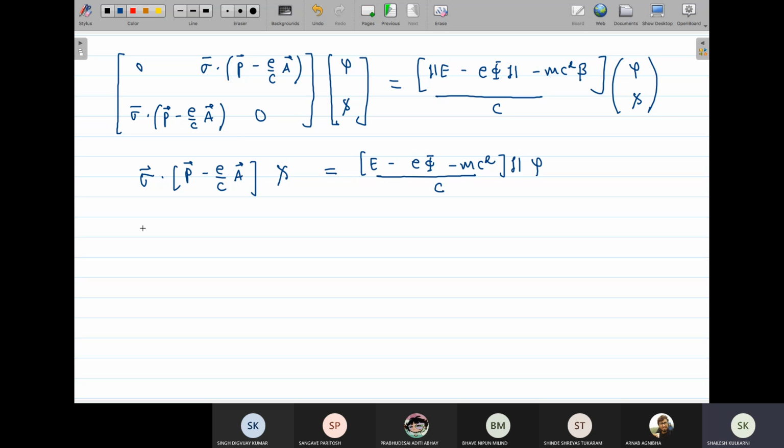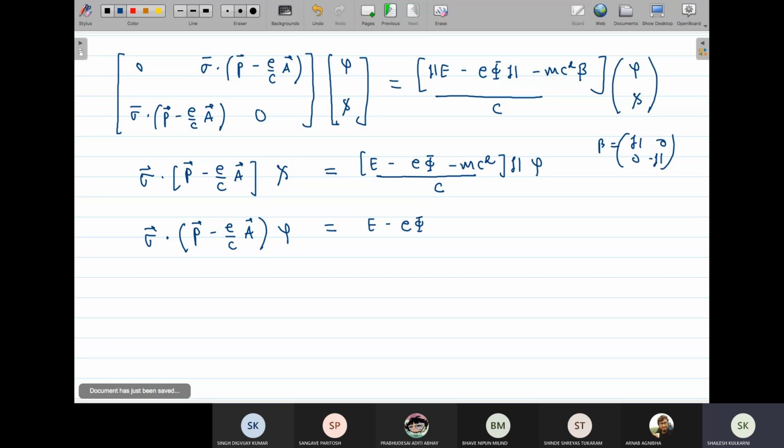And for the other component I will get sigma dot P minus e by c A phi equal to, now I will get a plus sign here because the lower component of beta is minus 1. So this is minus identity, 0, 0, this is your beta. So I will get E minus e phi, plus m c square, divided by c, acting on chi. There is identity here.